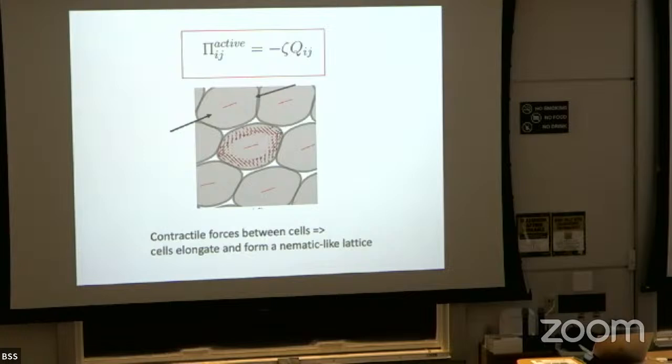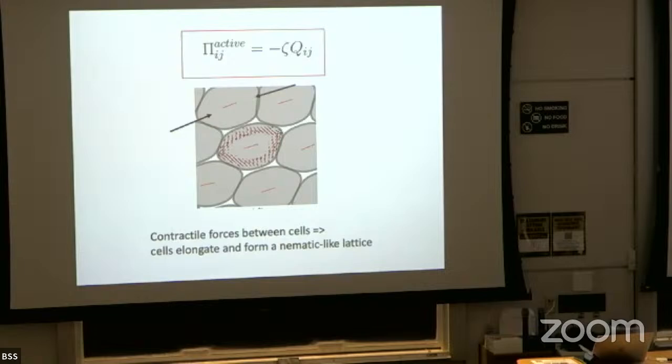Remember, that's what contractile meant: in along the axis and out along the sides. So the way it would affect this cell is by pushing it inwards. Similarly, that one will push like that. This one will pull like that. And this one will pull like that. And so what you get is this thing that extends.